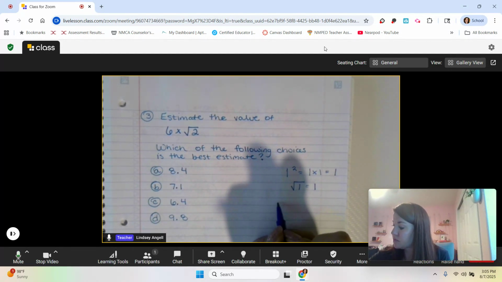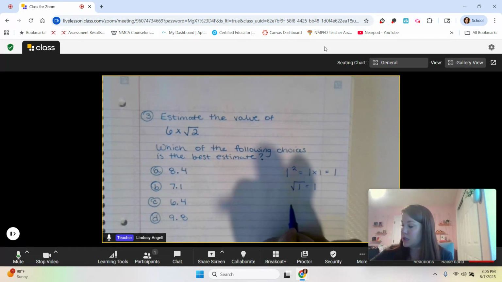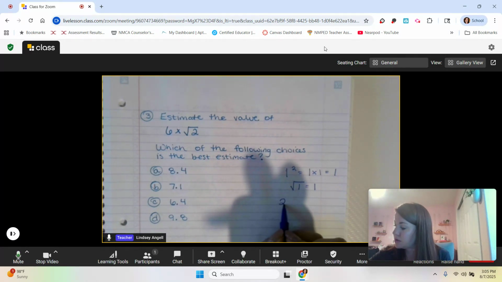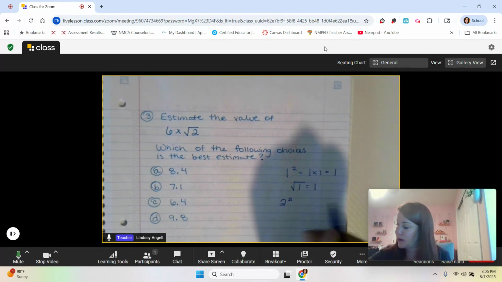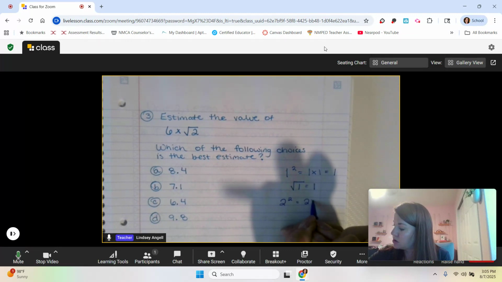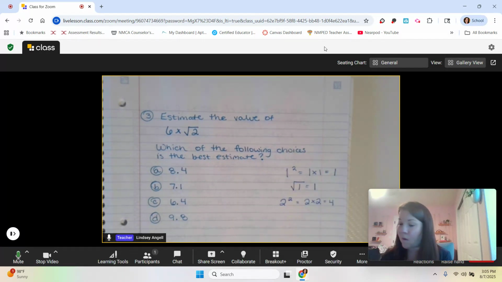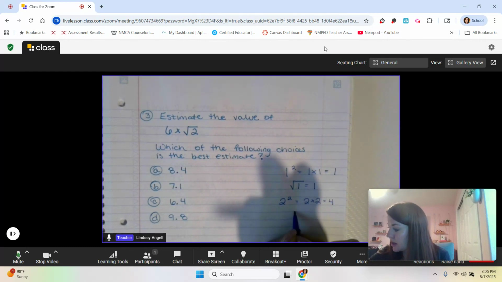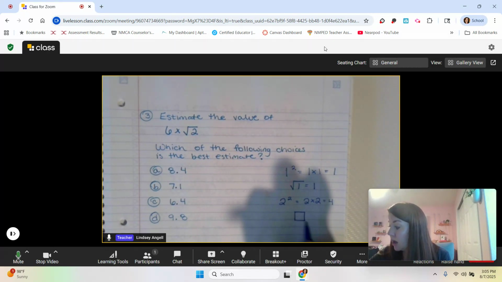So let's think about if I were to take the next natural number, so 2. If I do 2 squared, 2 times 2 equals 4. So 4 is a perfect square, right? And we can even draw a square and say this side is 2, this side is 2.